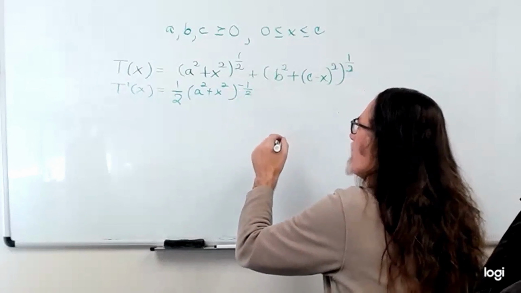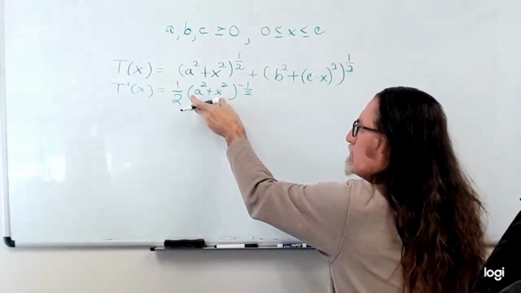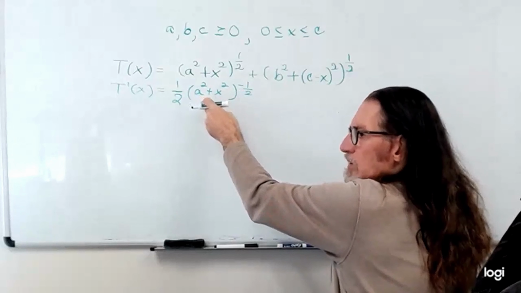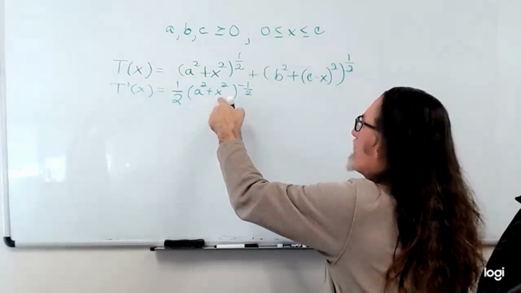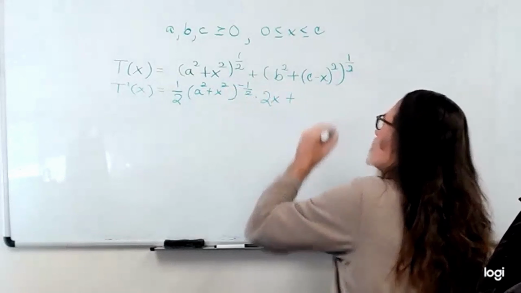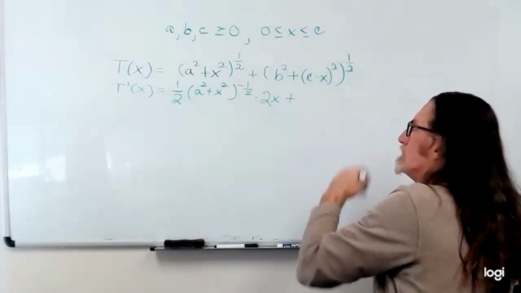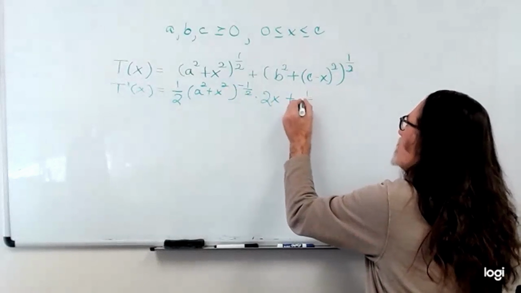And I'm multiplying by the derivative of what's inside. So take the derivative of these two terms, but a squared is constant, and the derivative of a constant is 0. The derivative of x squared is 2x, and multiply by that. Then, similarly, except for one more wrinkle, for the second term.